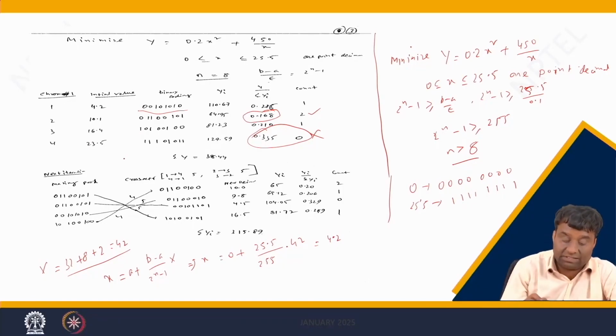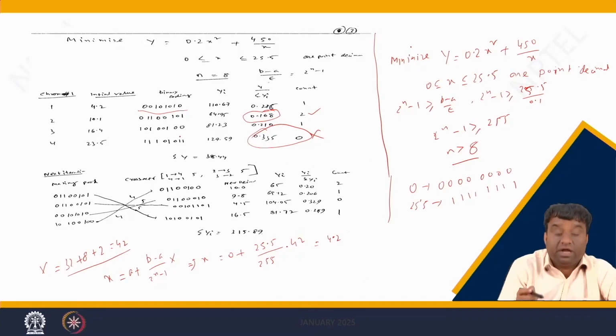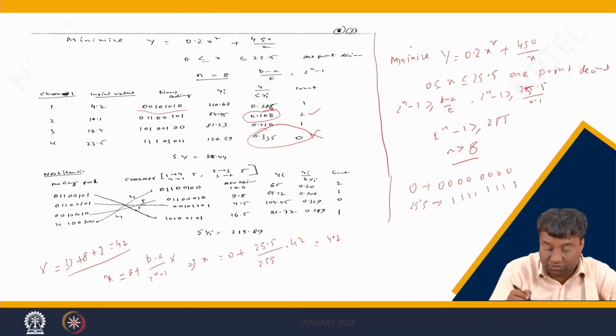So in the next stage, we will do the crossover and mutation. For this question, we are assuming there are no mutations.